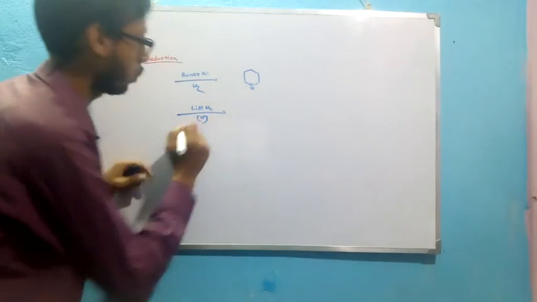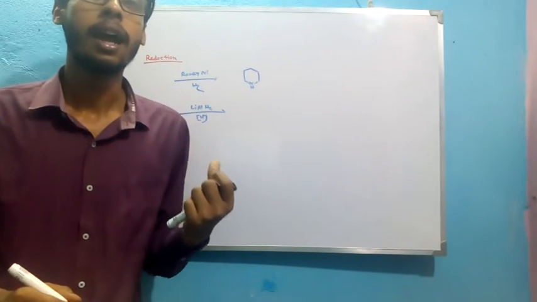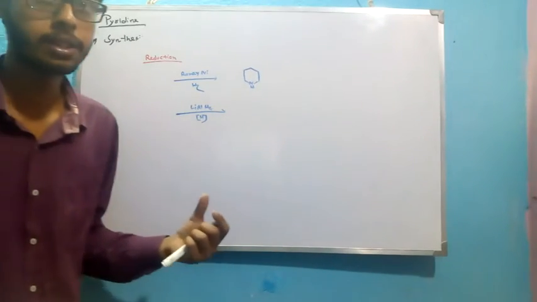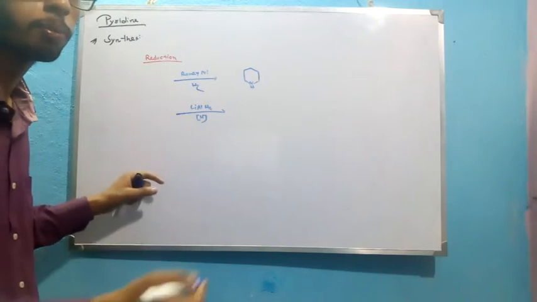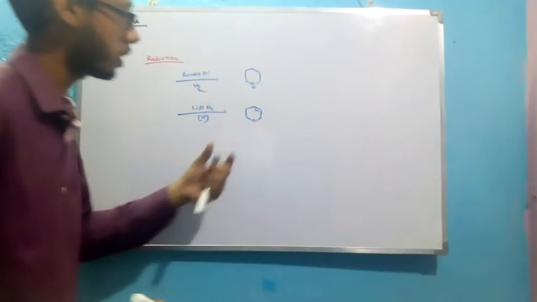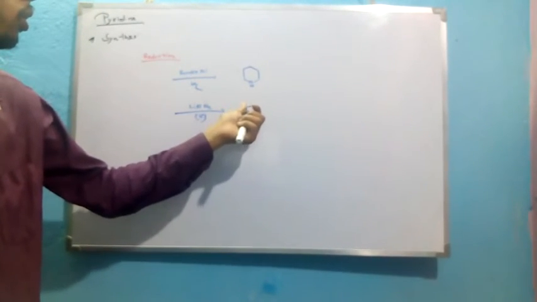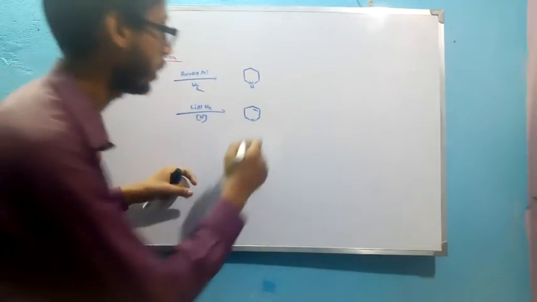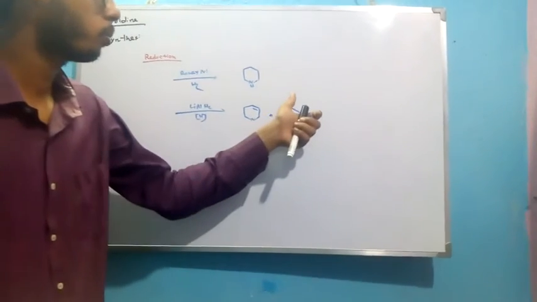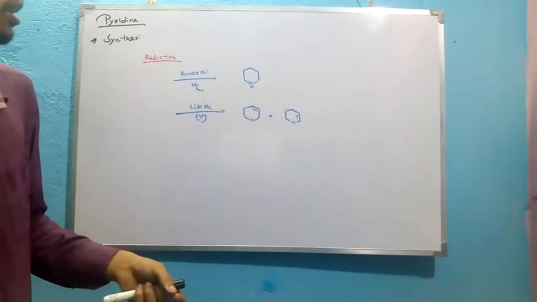When they use lithium aluminium hydride as the reducing agent, it produces partially saturated dihydropyridine derivatives, a mixture of dihydropyridines, like 2,5-dihydropyridine and another one, the 4,6-dihydropyridine.